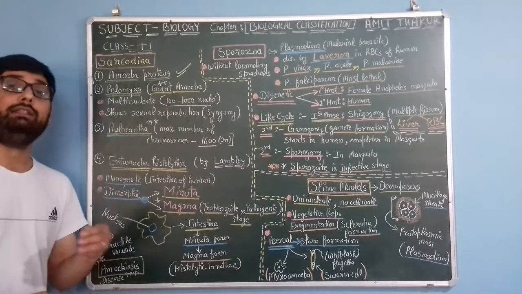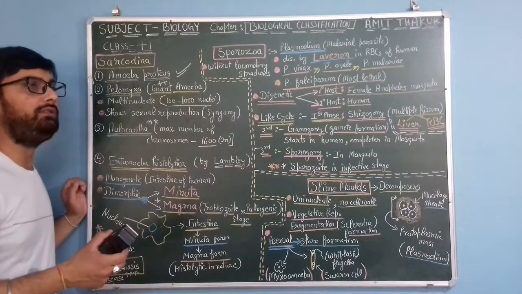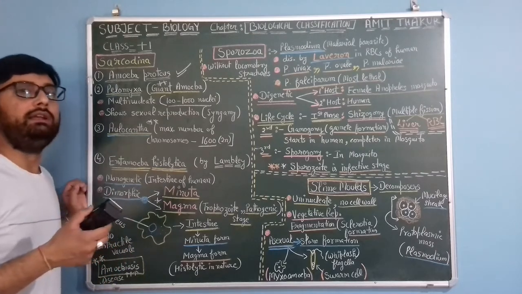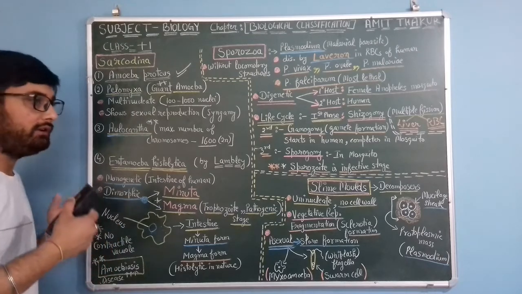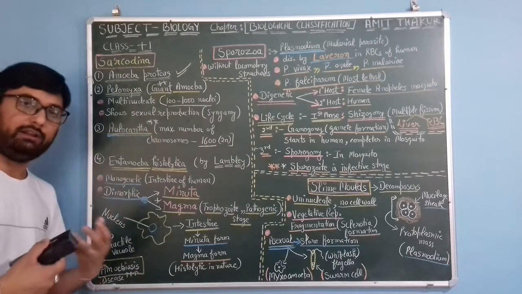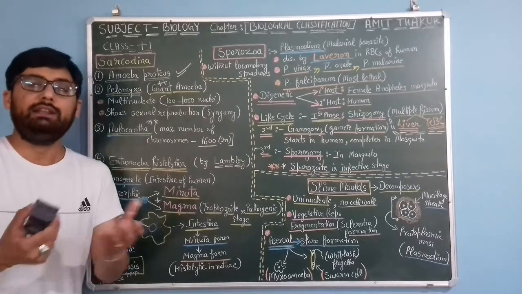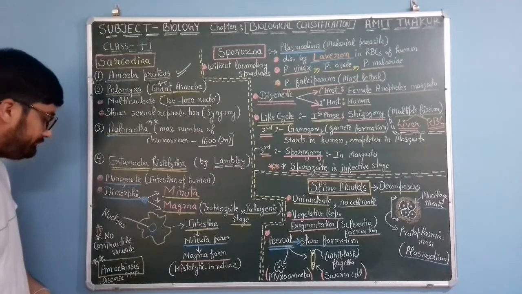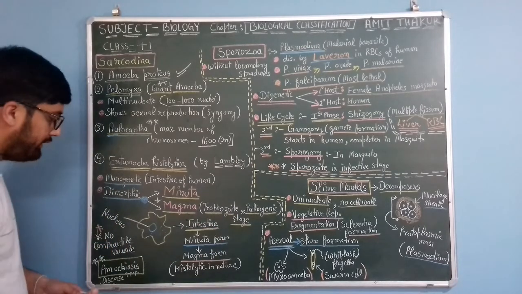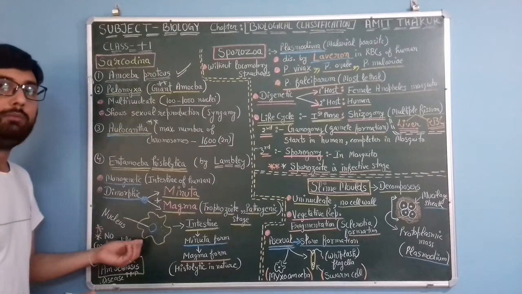It lives inside the intestine of human beings, and inside the intestine conditions normally remain the same all the time. So it does not need to change its nature because conditions are always the same. That's why it does not need any contractile vacuole to perform osmoregulation.